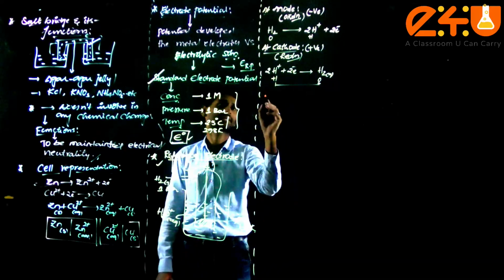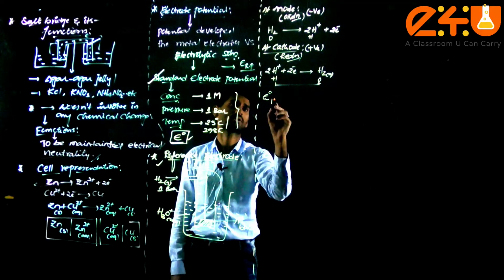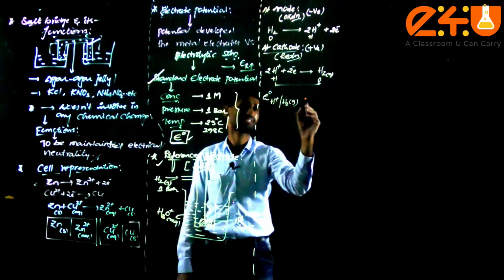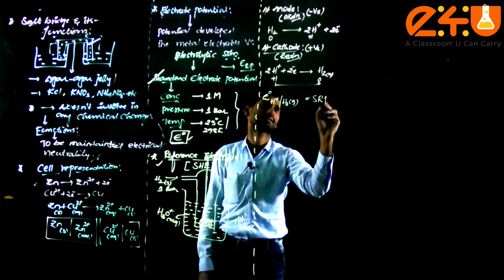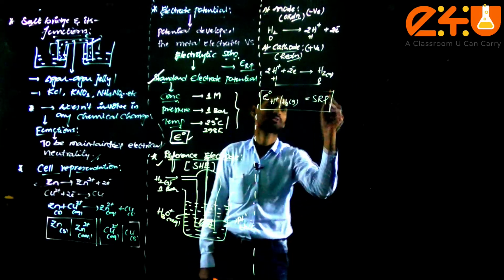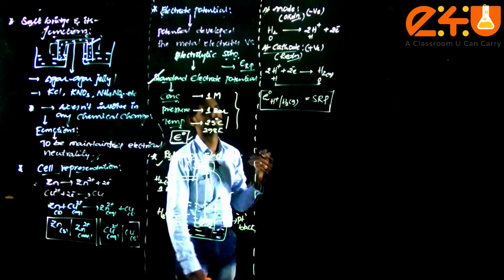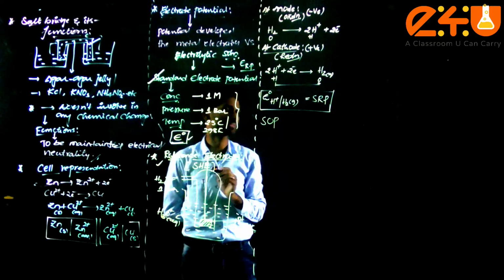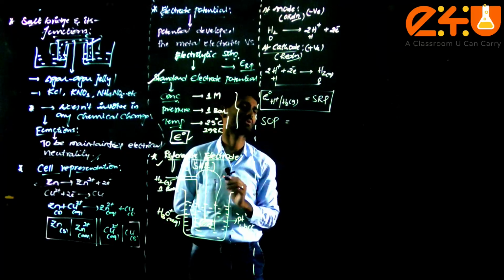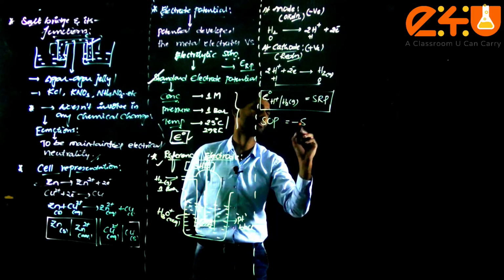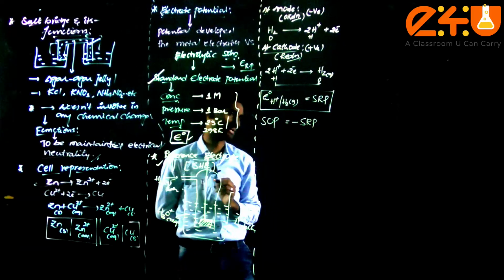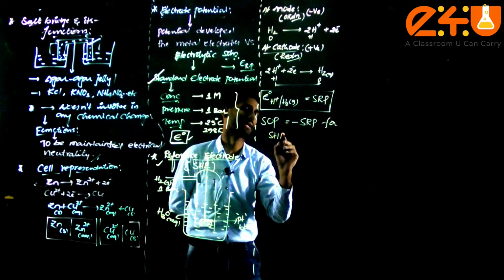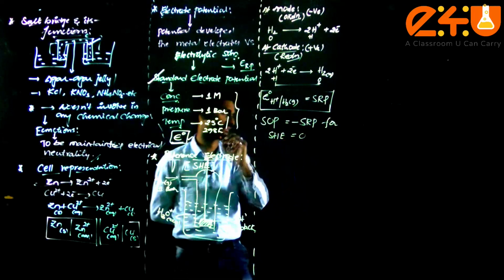Understand? Now the standard electrode potential of H plus, H2 gas, you can generally consider as the standard reduction potential. SOP is called the standard oxidation potential, which is equal to the negative of the standard reduction potential. This value for the standard hydrogen electrode is equal to what, my dear students? 0.